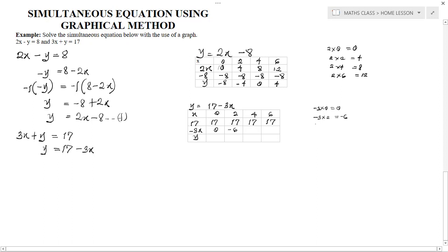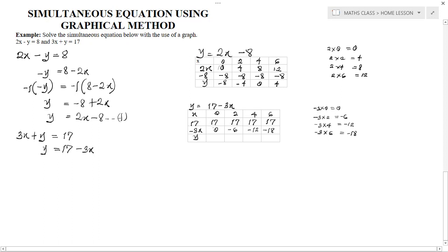When x is 4, we have minus 3 times 4, which is minus 12. And when x is 6, minus 3 times 6, which is minus 18.